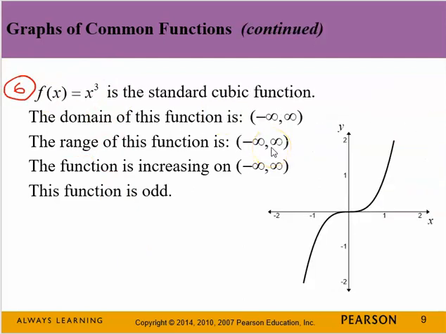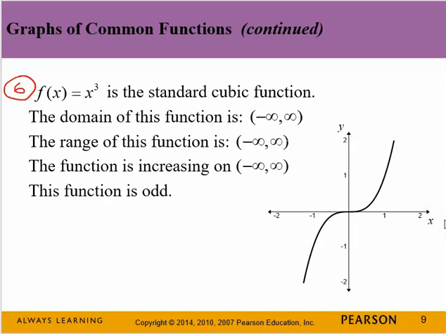Now, the function of item 6 here is that x is cubed. Again, putting that in a graphing calculator, you get this nice wavy line. So the domain of this function, again, it's going to negative infinity, positive infinity for the x values, it's written right there.